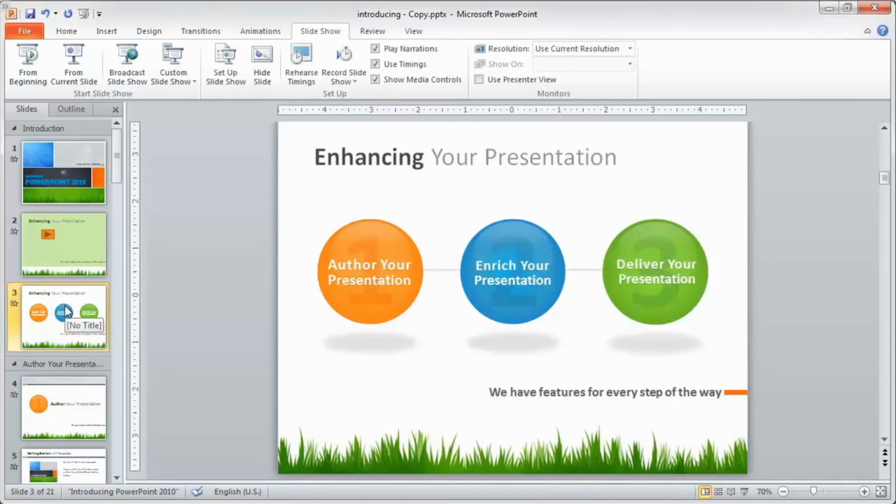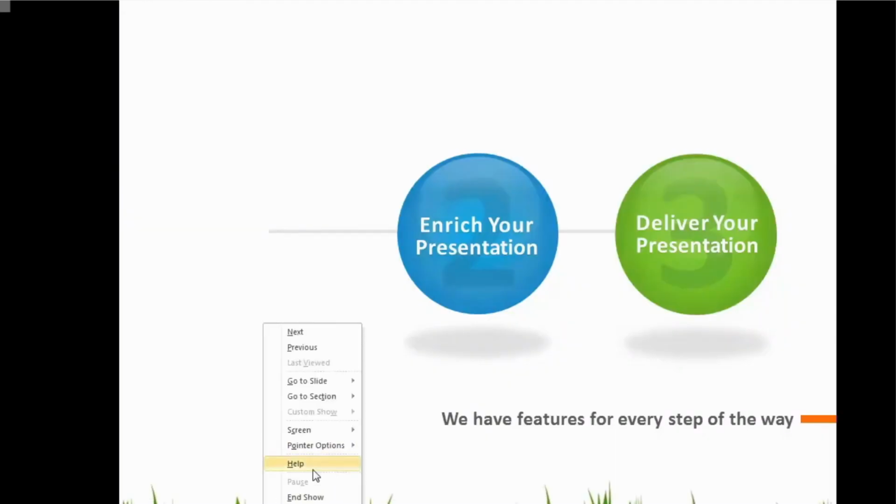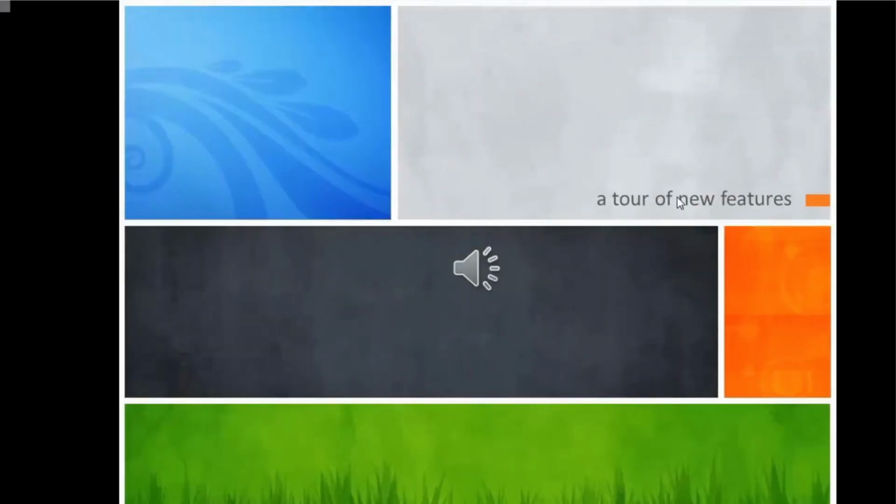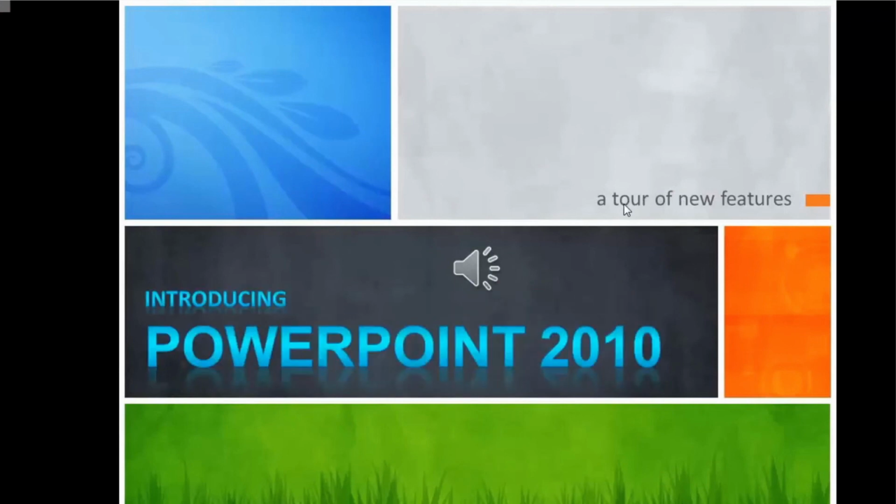You may also be able to right-click on the slide and choose the End Show option in the resultant menu. Remember that slideshow view is purely a display view and no editing can be done on slides at this point of time. However, slideshow view has some navigation and annotation options.